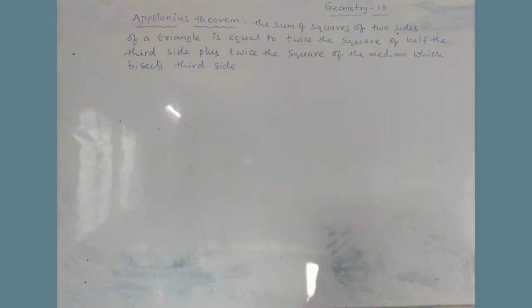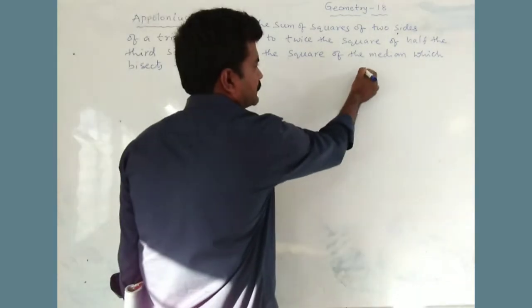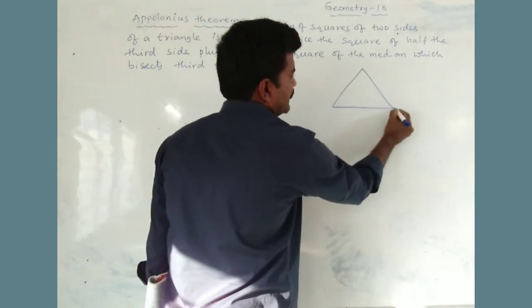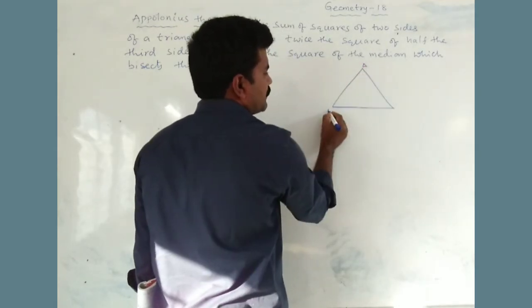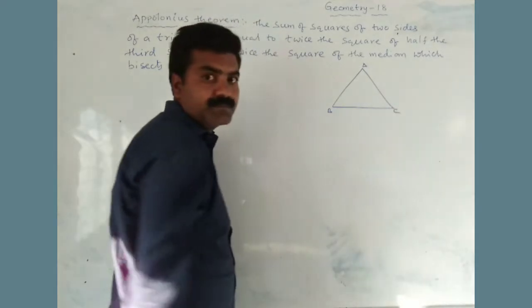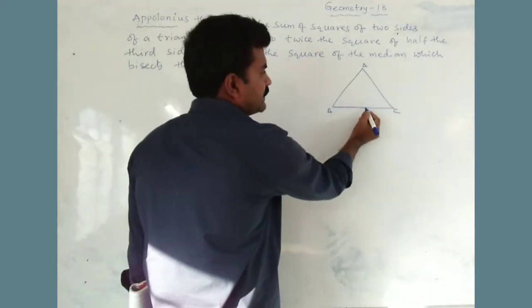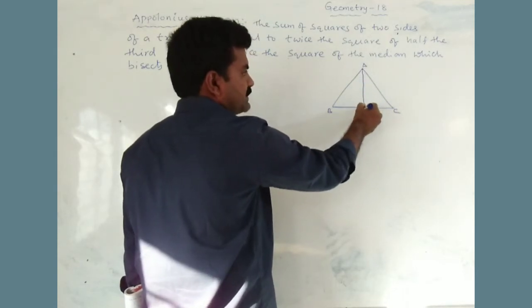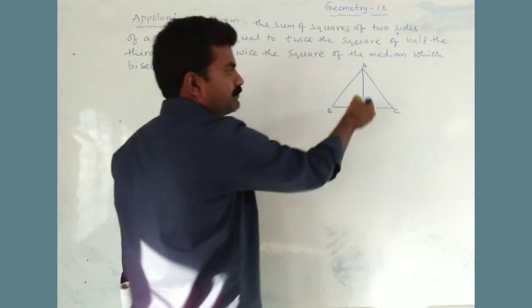Sum of the squares of the two sides of a triangle. Suppose let it be the triangle ABC, and let D be the midpoint of BC. Hence, AD is the median.